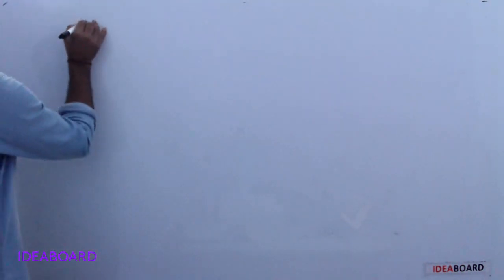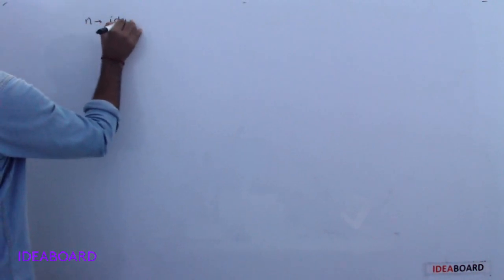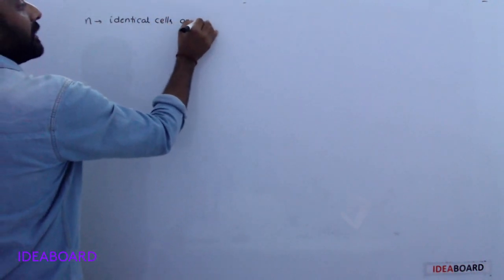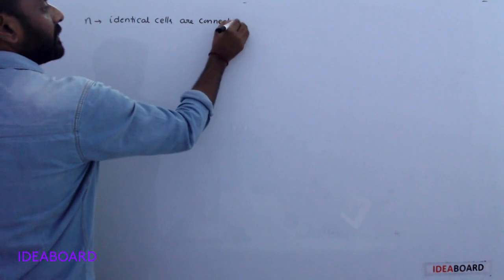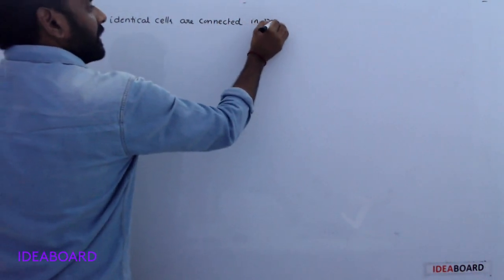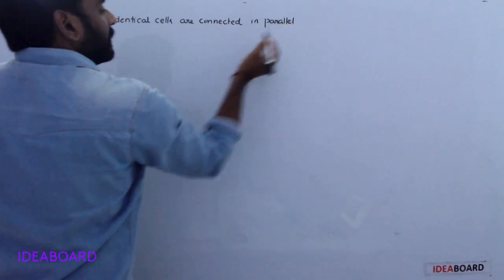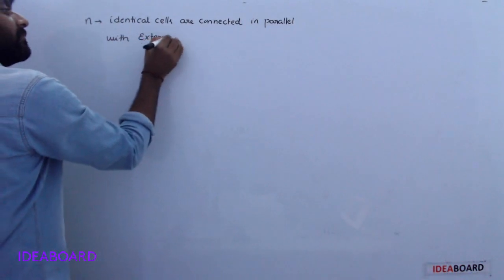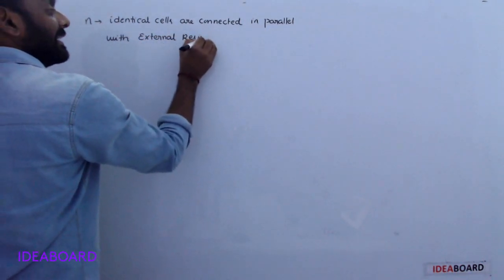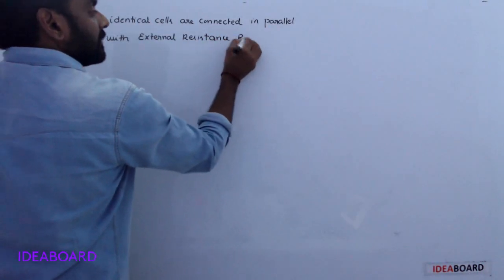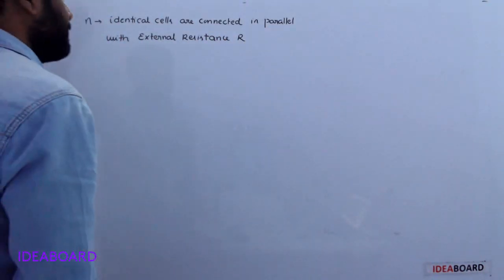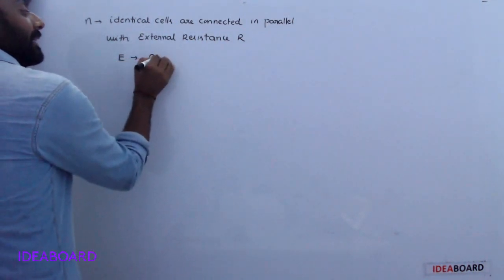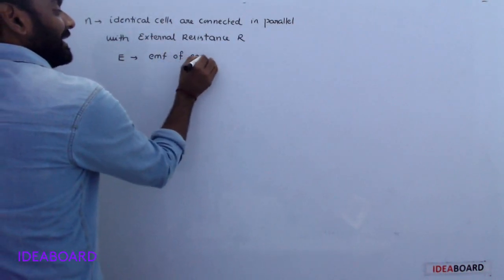Next, N identical cells are connected in parallel with external resistance R. Now here E is the EMF of each cell.